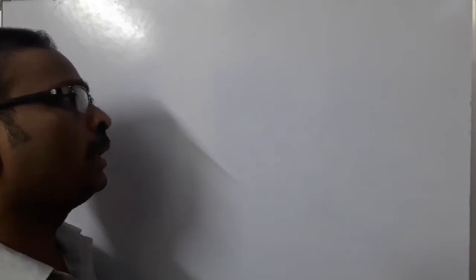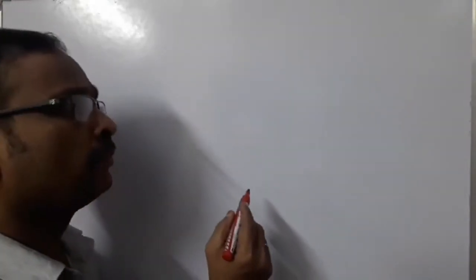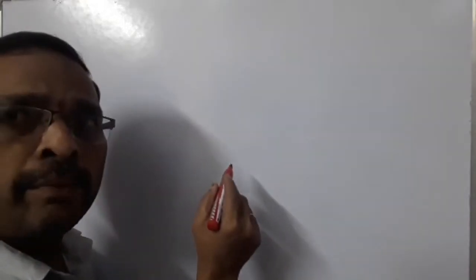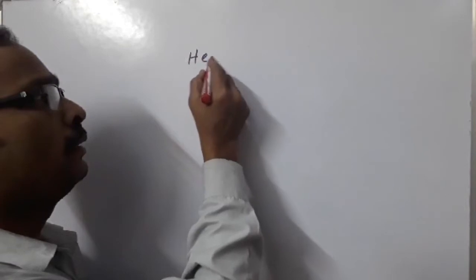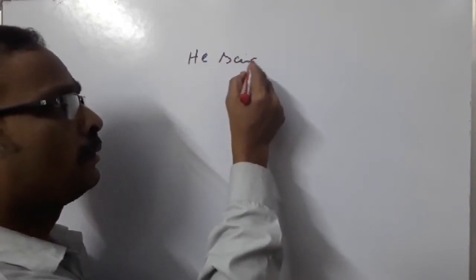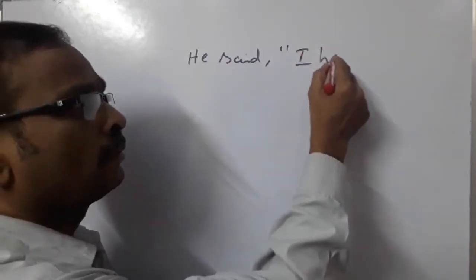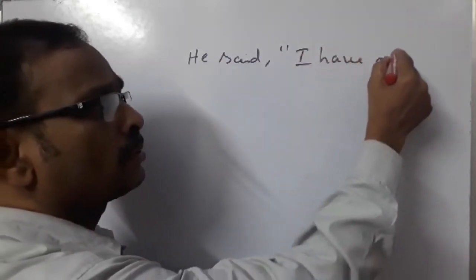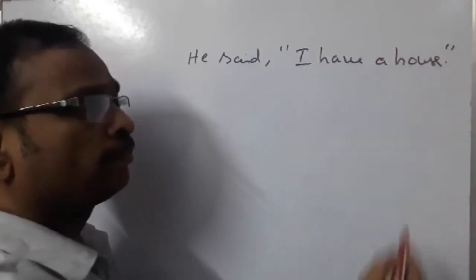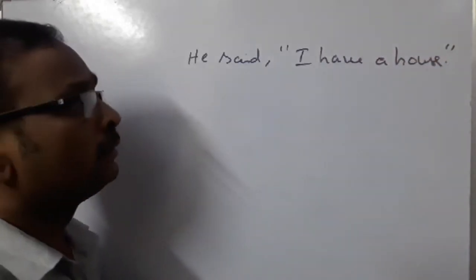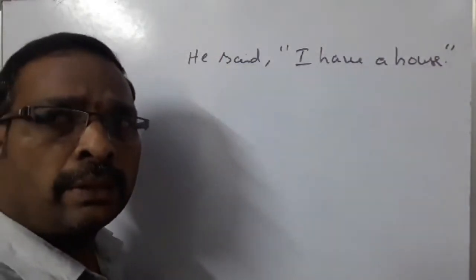Commonly we have four kinds of sentences. Let us see an example with a declarative sentence. He said, comma, I have a house. He said means it is completed.